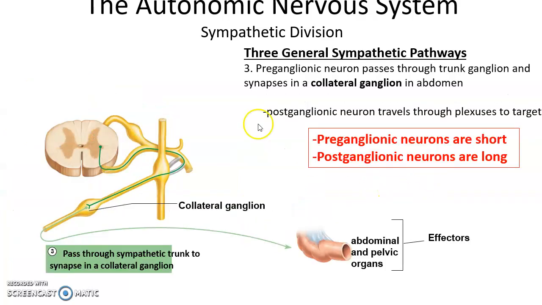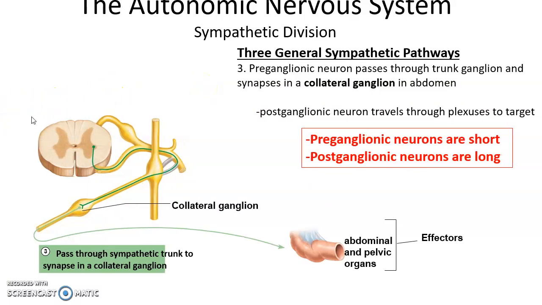The third possibility is that the preganglionic motor neuron enters the sympathetic trunk ganglion and then leaves it. No synapsing in the ganglion. It enters the sympathetic trunk ganglion and then passes through. And then it goes out to a secondary ganglion of one kind or another, collectively known as the collateral ganglia.